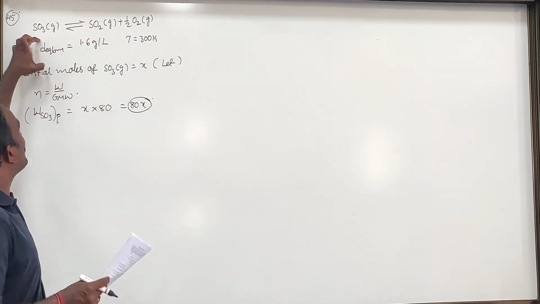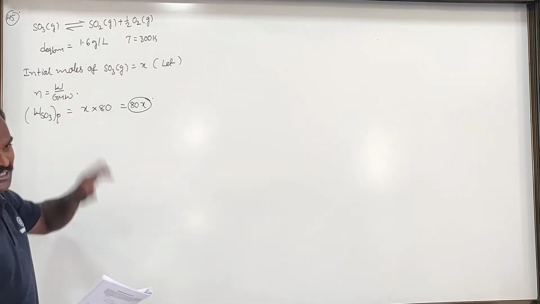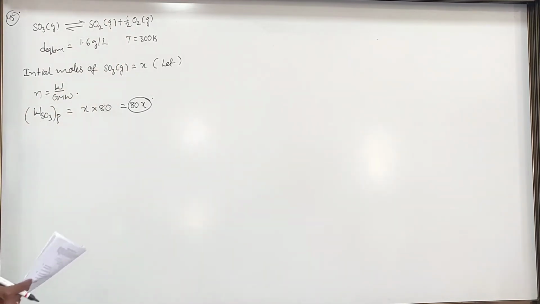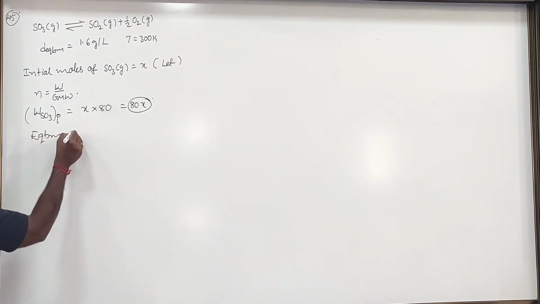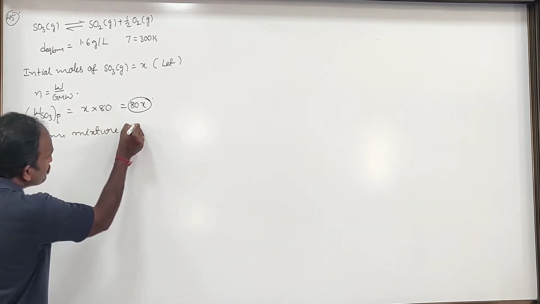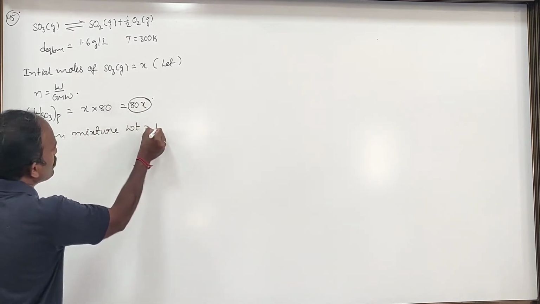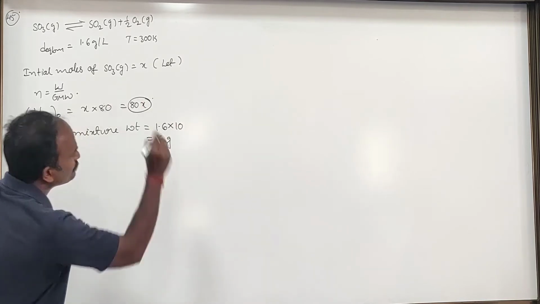For example, if it is x, 0, 0 initially, then x minus y, y, y by 2 at equilibrium. Whatever you take, the law of conservation of mass should be valid, right? So can I take it like this? The equilibrium mixture weight is 1.6 into 10, that is 16 grams.